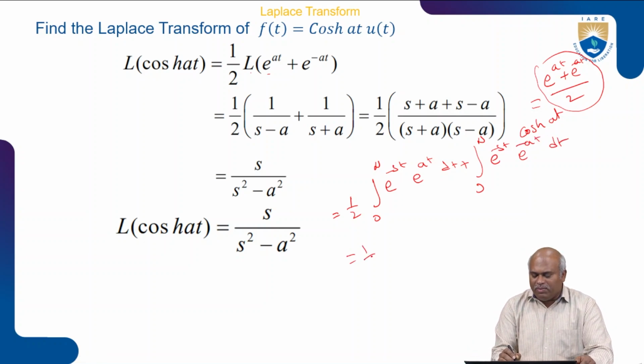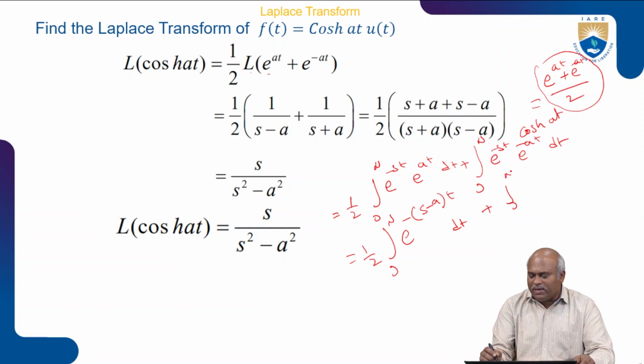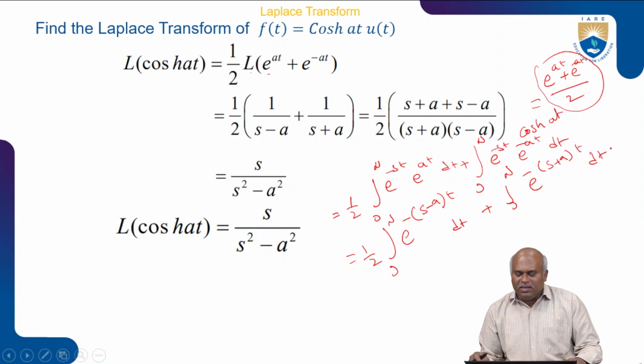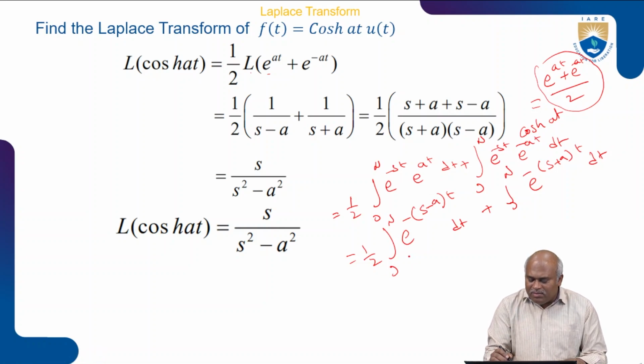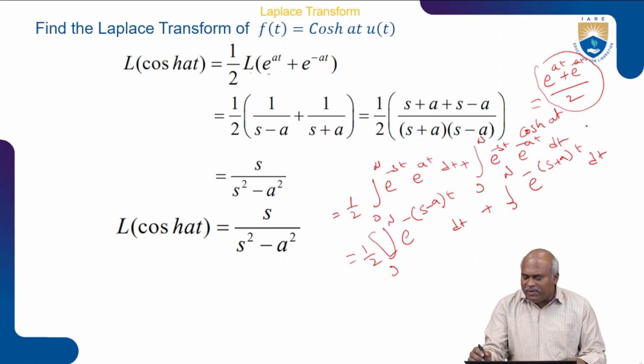So this is 1 by 2, integration of 0 to infinity e power of minus, I take it out, (s minus a) into t dt, plus integration of 0 to infinity e power minus (s plus a) t dt, we wrote here. Okay. So now this 1 by 2 is common for both.